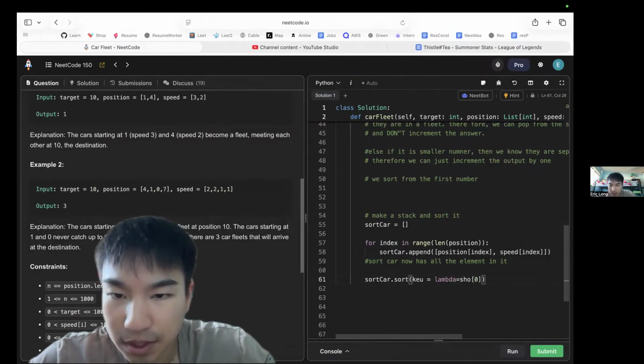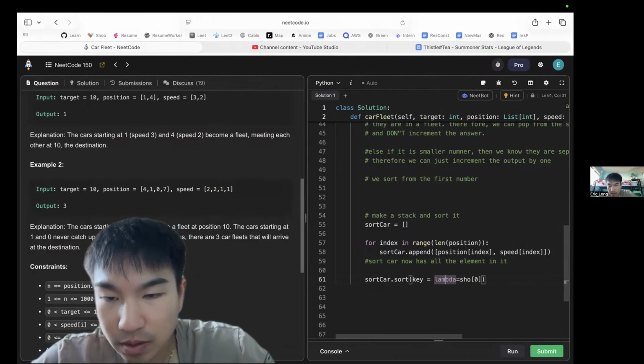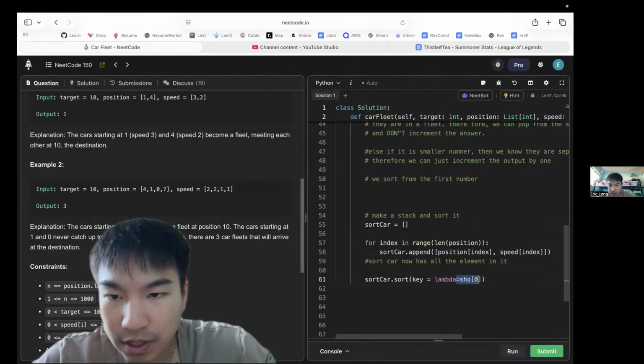Key is equal to lambda, and we put this little equal thing.